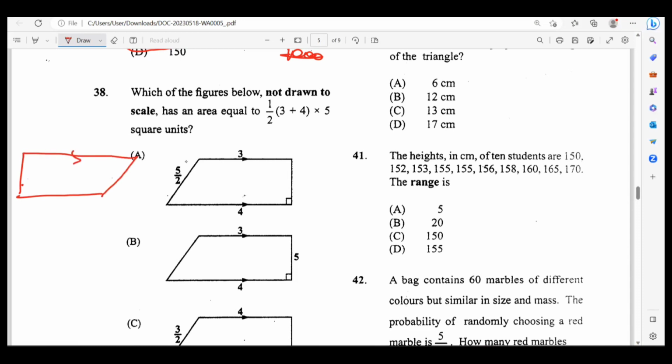So the idea is the parallel sides, let's call them A and B, and let's call the height H. Now, if I have 2 parallel sides, it's a trapezium. The formula says half the sum of the parallel sides. So I'm going to be adding the 2 parallel sides, find half of that, and then I multiply by H.